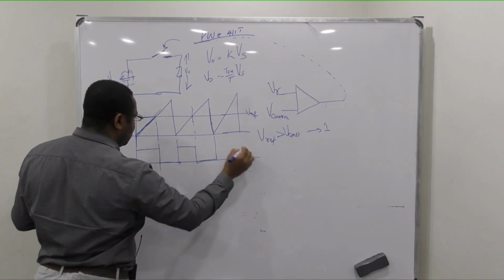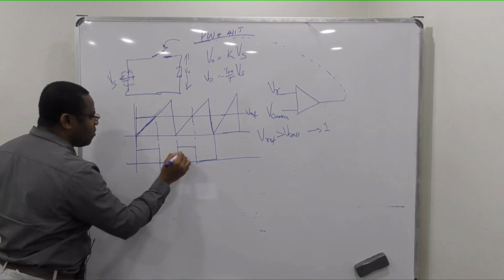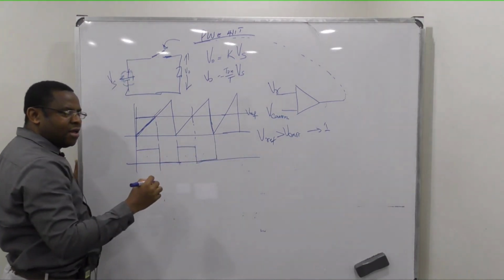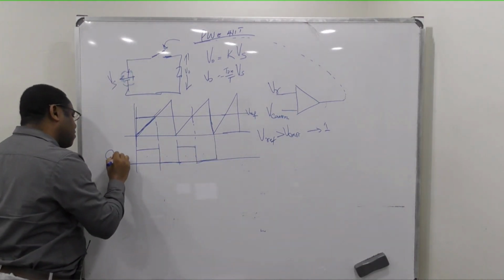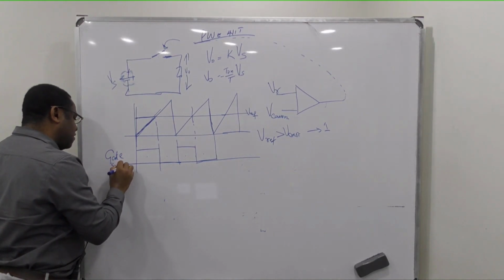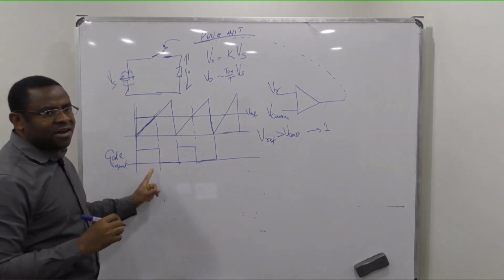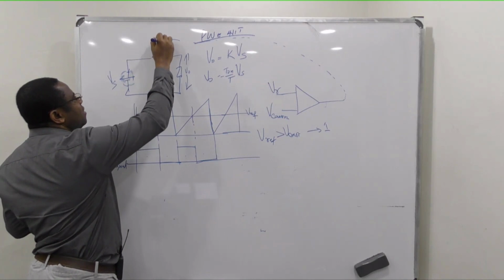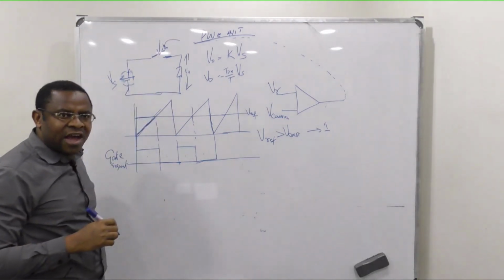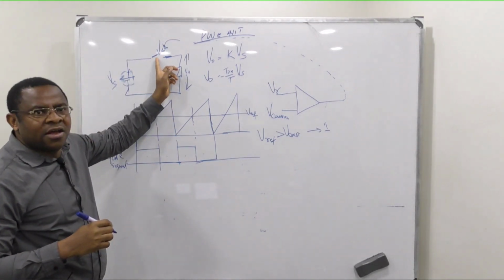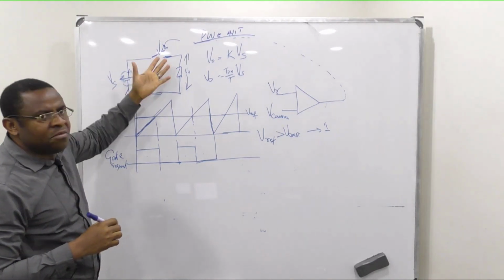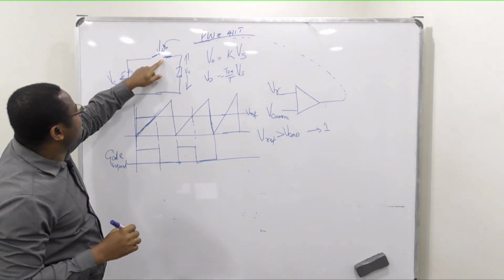So you see, this is 1, 0, 1, 0, 1, 0. This will now be your gate signal, the signal that will go to the gate of the thyristor, or if you're using a MOSFET, to the base.